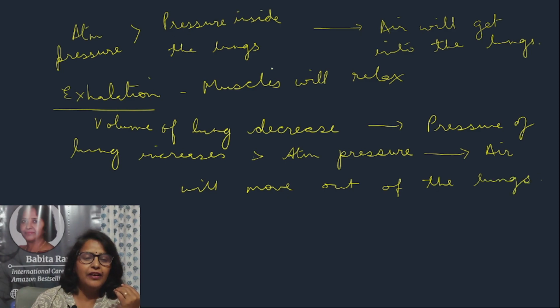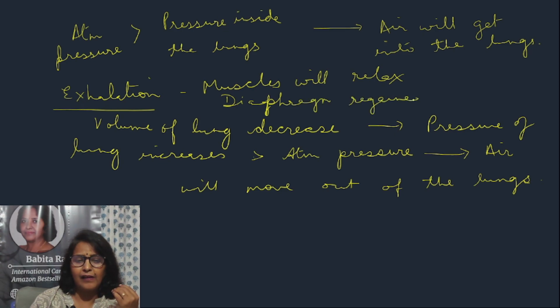So what happened? When the muscles relaxed, the diaphragm regained its shape, and the rib cage was pulled inward and downward.